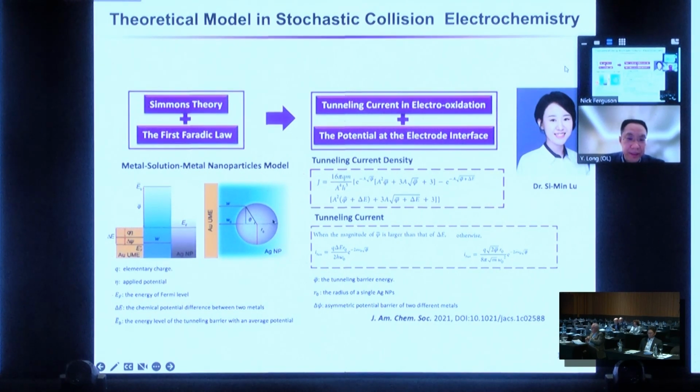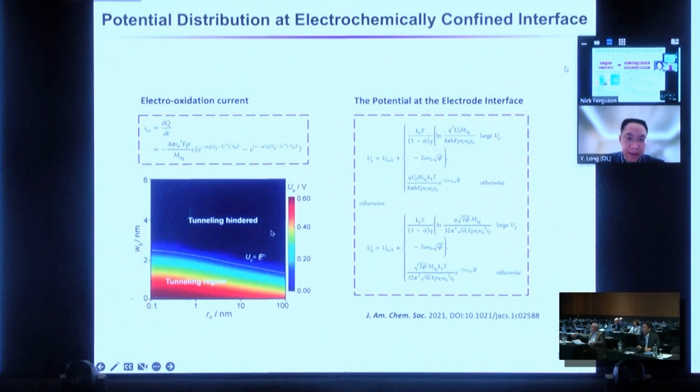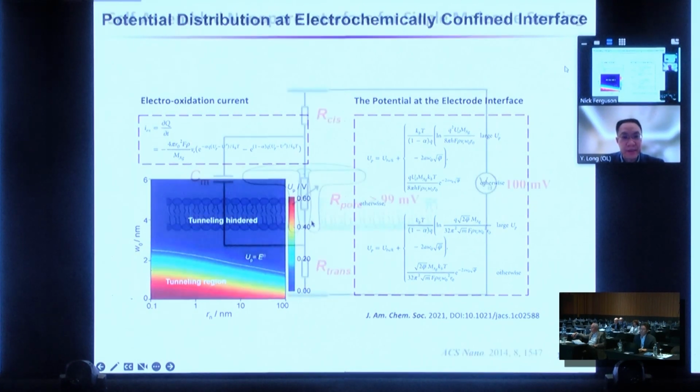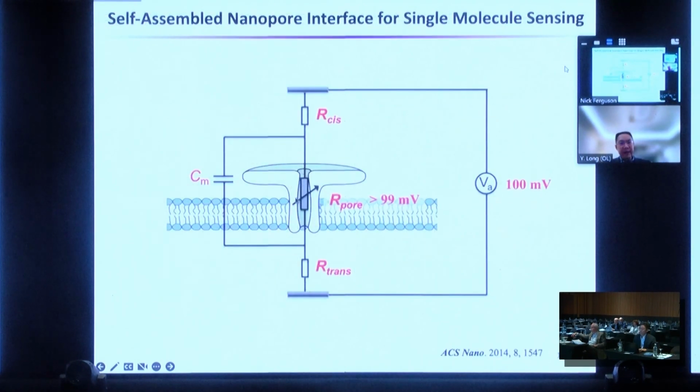Here we show an example where, when a tag molecule is big enough, the potential will be affected by this tag molecule, the electrolyte tag here. So we are doing some potential distribution on the electrode surface. Only with this sensitive instrumentation can we see this information. So then back to the nanopore.